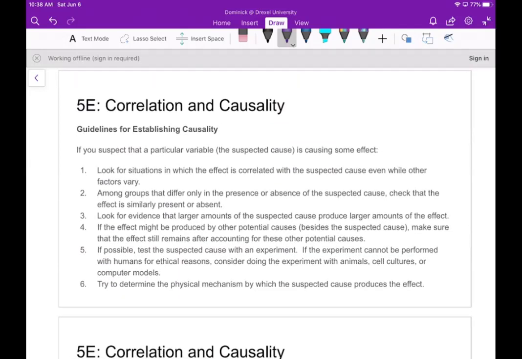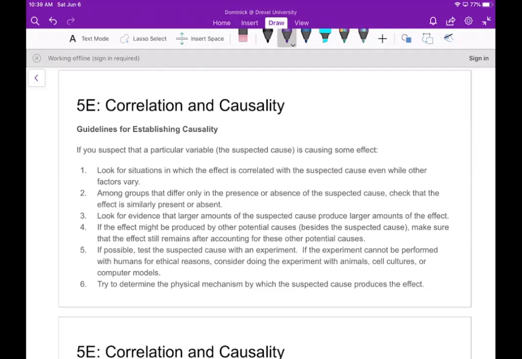So let's talk about some guidelines for establishing causality. So you have a correlation and you want to see whether the one variable is causing the other variable to happen. Now, if you suspect that a particular variable is causing some effect, here's what you can do. So first, you look for situations in which the effect is correlated with a suspected cause, even while other factors vary, right?